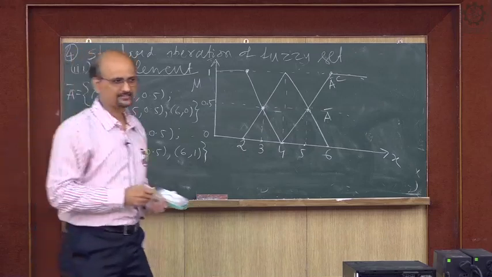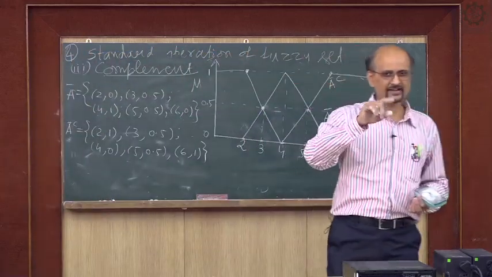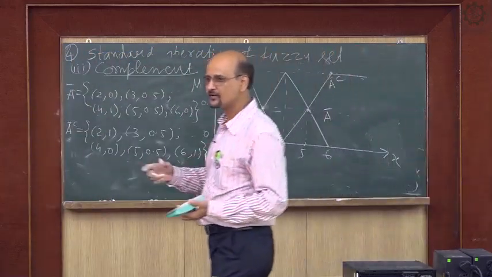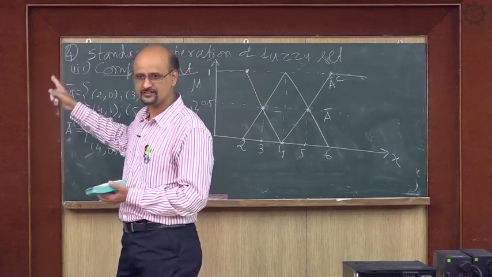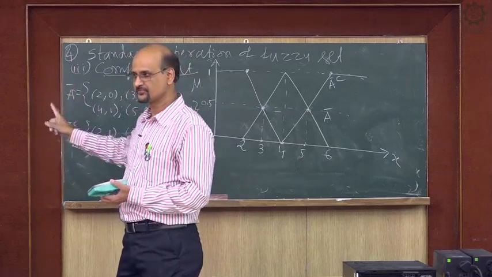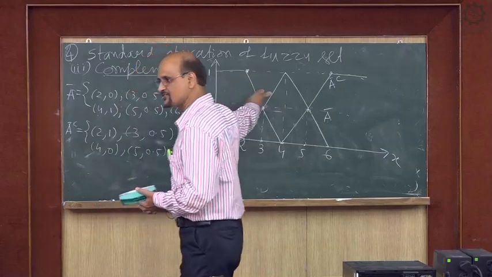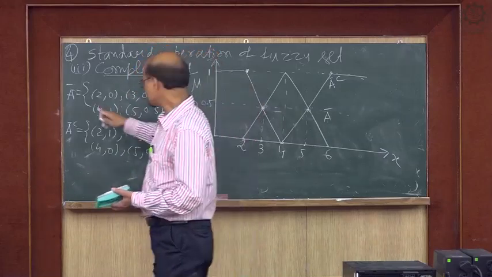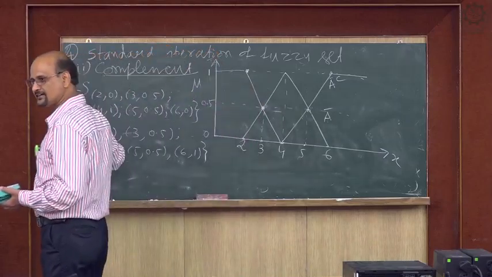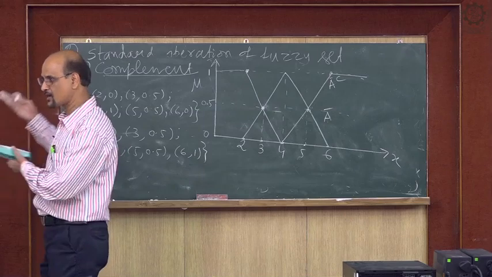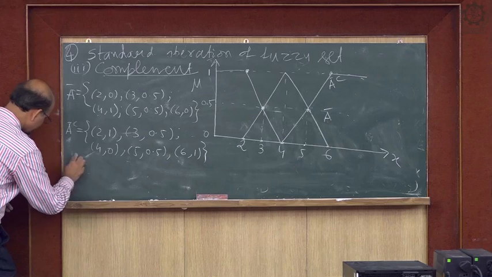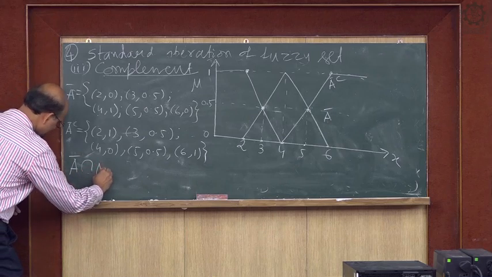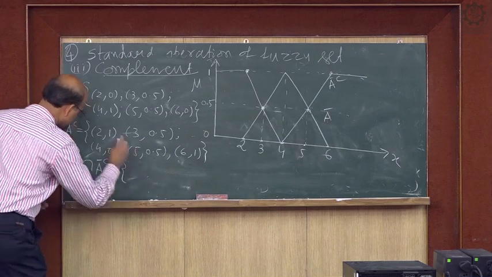In classical set theory, A intersection A complement is phi, and I told you while defining that in fuzzy sets it is not. Let us find it as per our definition, first from here, then see the figure.